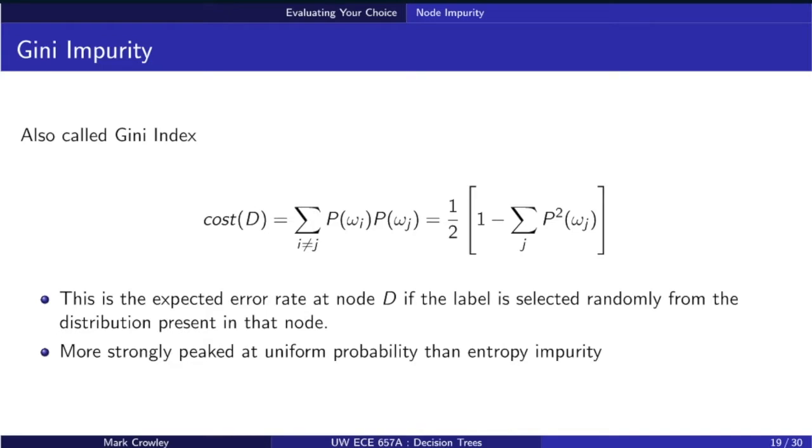It's saying if you randomly picked a node in the tree, how likely would you be to get it wrong, right? So for all the labels, for data points that are not the same, add up all the ones where they're being mismatched.